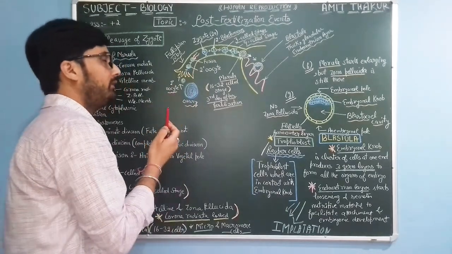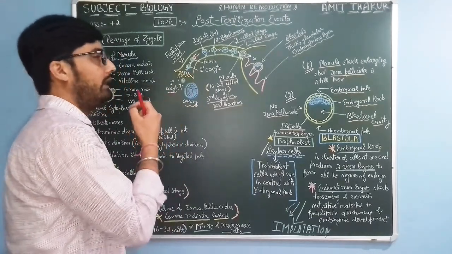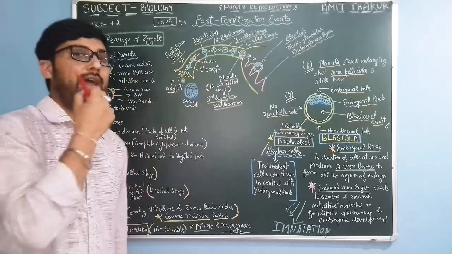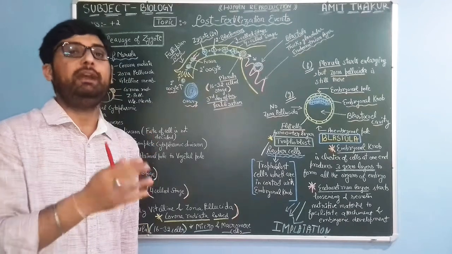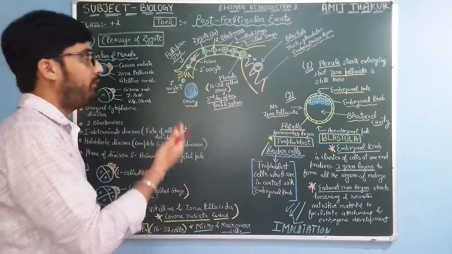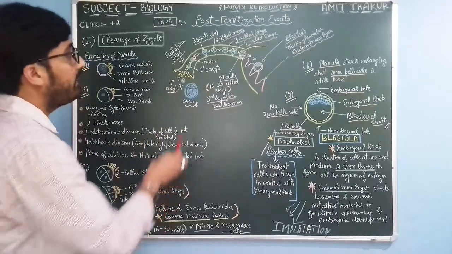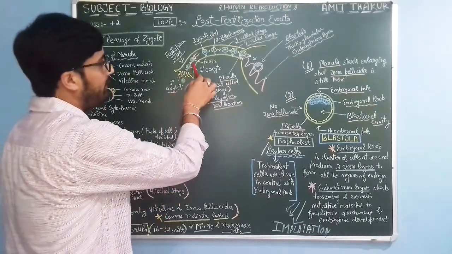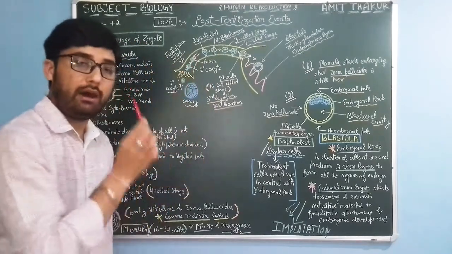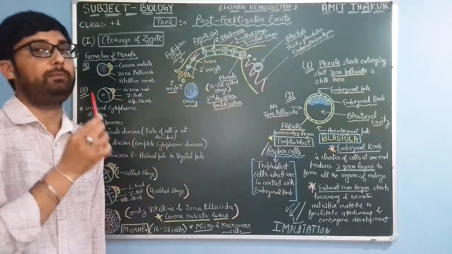After some time, during copulation, sperms enter inside the female reproductive tract, and after some time they approach the fallopian tube. The secondary oocyte becomes an egg after the entry of sperms.